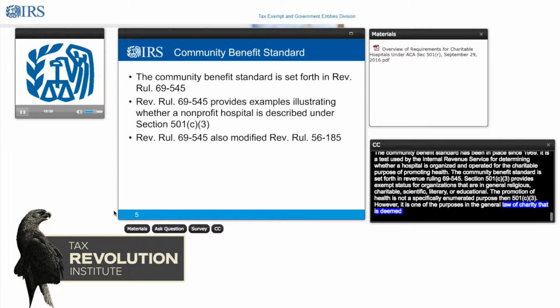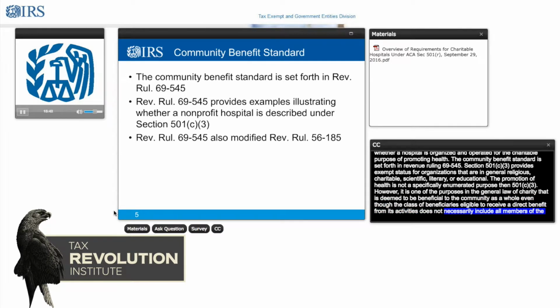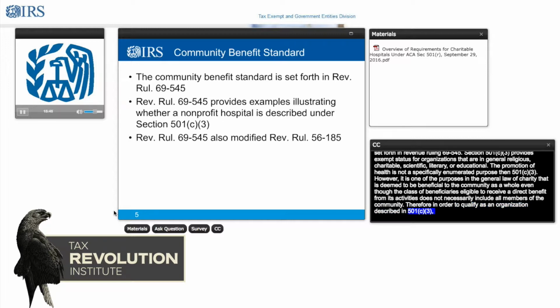Therefore, in order to qualify as an organization described in Section 501(c)(3), a hospital must demonstrate that it provides benefits to a class of persons that is broad enough to benefit the community and is operated to serve a public rather than a private interest.